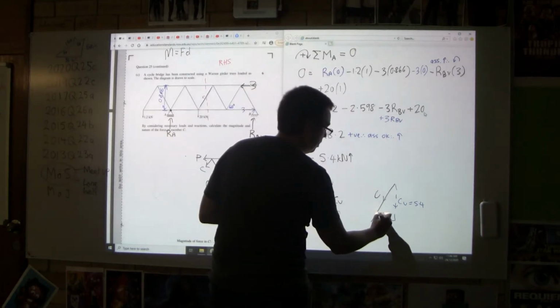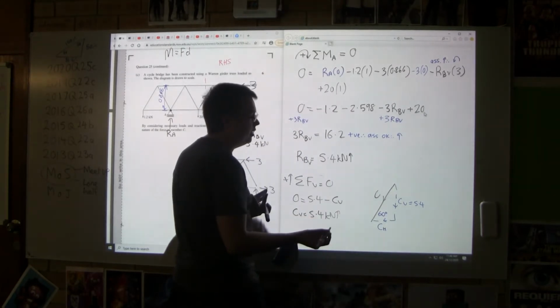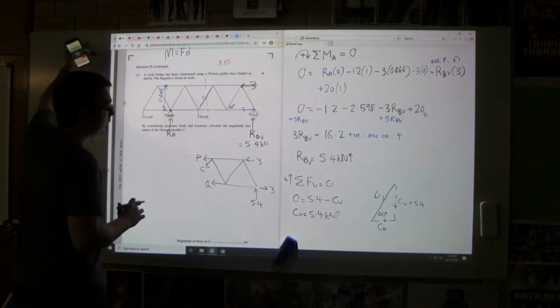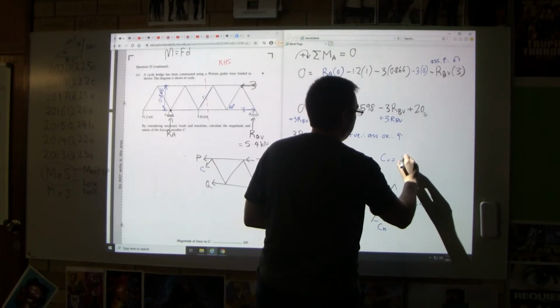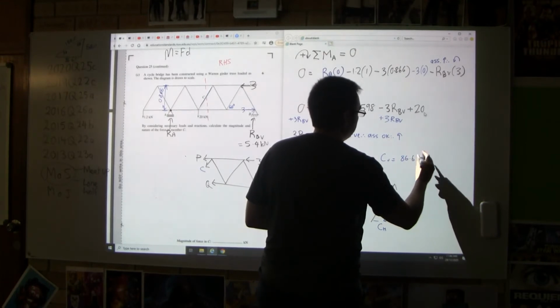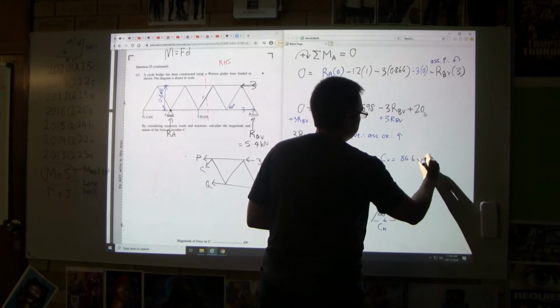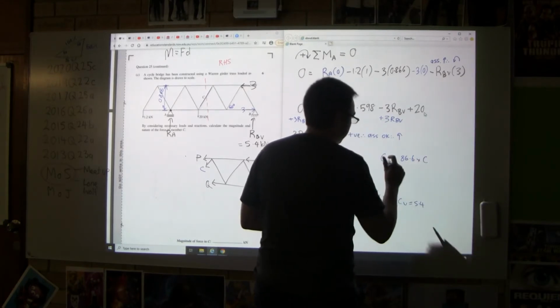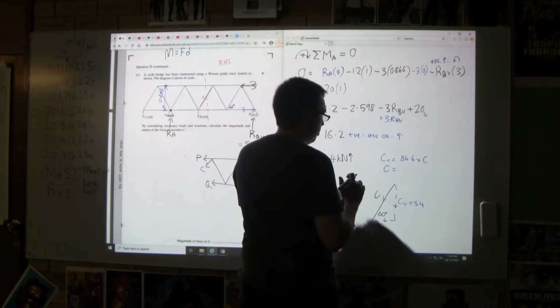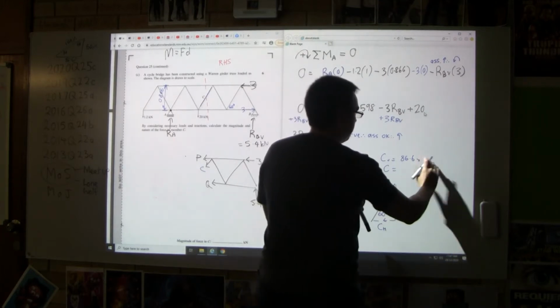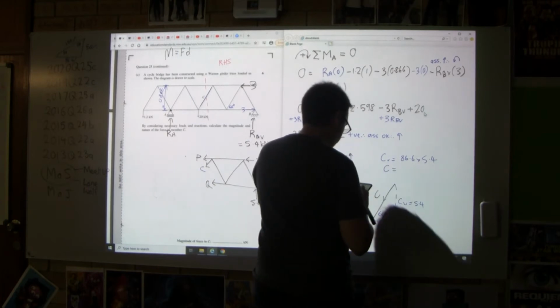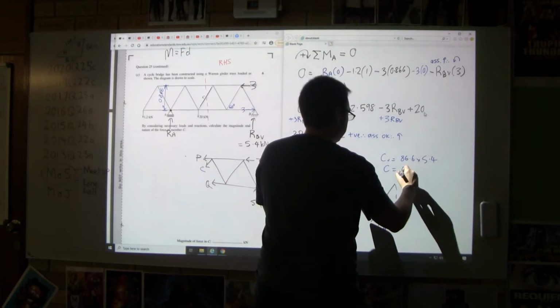Well, we said this is 60%. In the same way that we have this triangle up here, this is 86.6%. CV equals 86.6% times C. Therefore, C is going to equal, we've got to divide both sides, so we're going to get C equals 5.4 divided by 0.866, which equals 6.